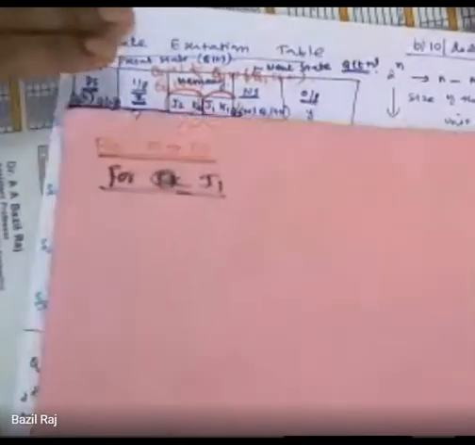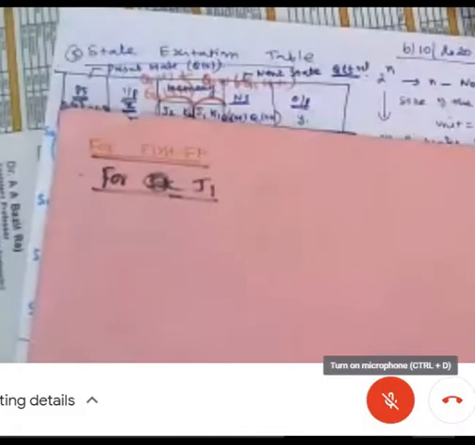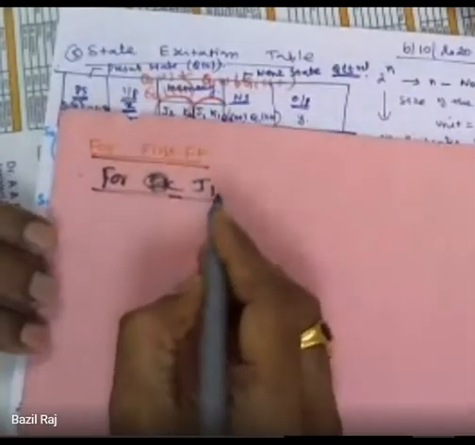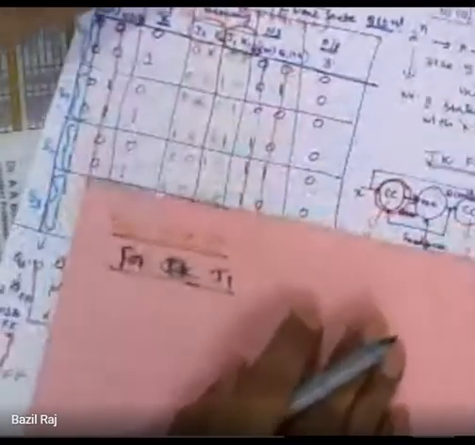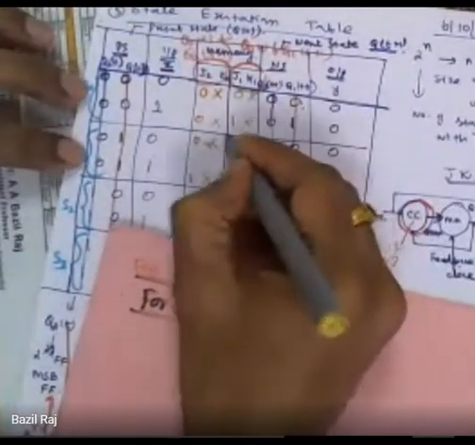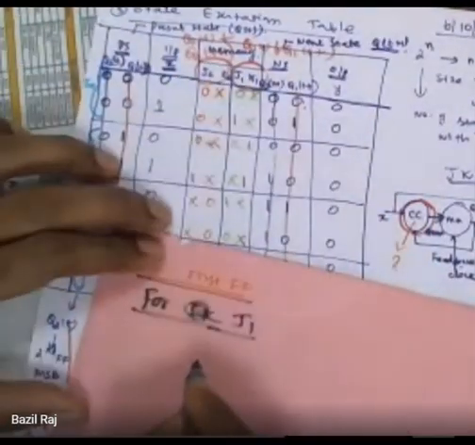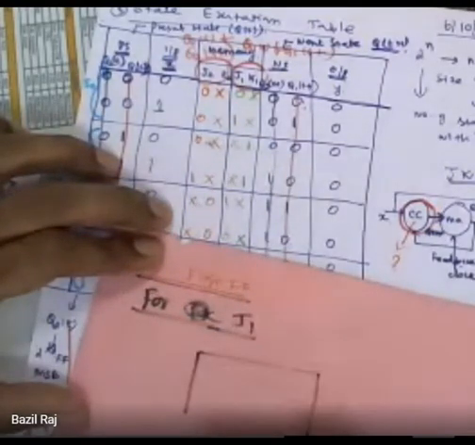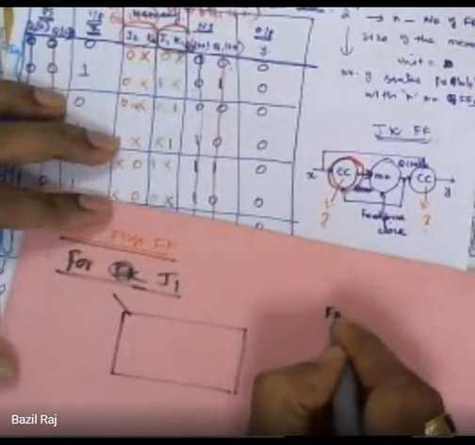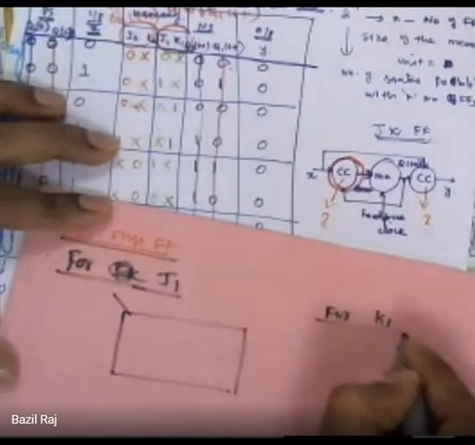Is it clear now? For the first flip-flop J1, you make the Karnaugh map for J1 in terms of Q1 of t, Q2 of t, and X. Apply the Karnaugh map and then tell me this is for J1. In the same way for K1.